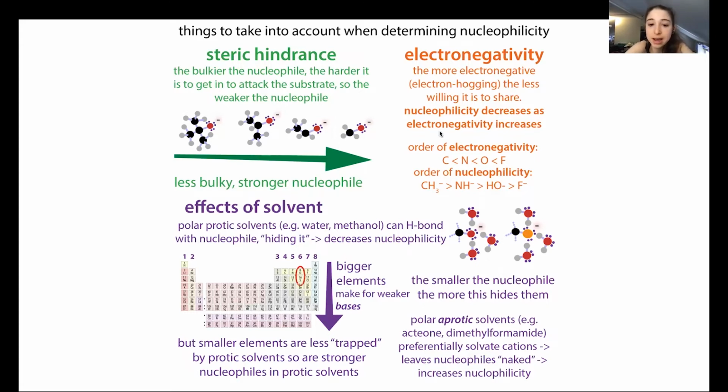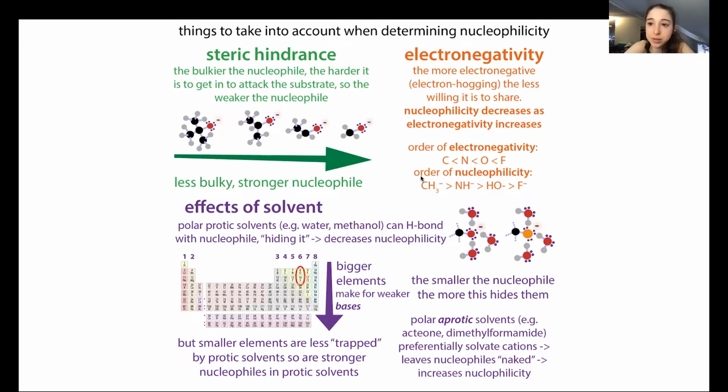If we look, you see that carbon is less electronegative than nitrogen, which is less electronegative than oxygen, which is less electronegative than fluorine. And if we look at the order of nucleophilicity, now we have CH3 minus, where you have a negative charge on a carbon.